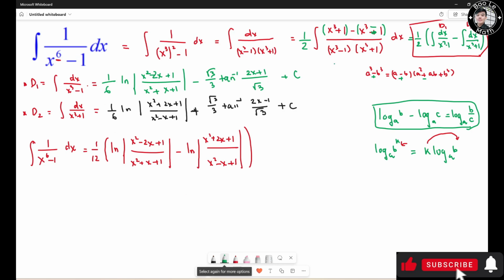Now next one, we have 1/2 multiplied by this one. It turns out to be root 3 over 6, right? So I'm going to factor root 3 over 6 out.